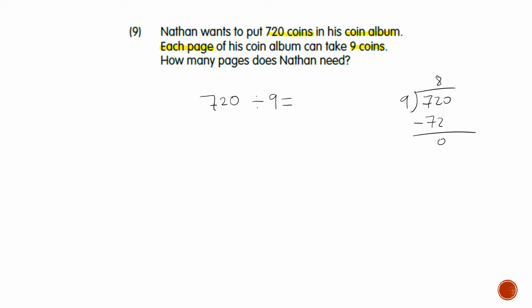And here you bring down the 0, and then just put a 0 on top, because 0 divided by any number, you get a 0. So you get 80 pages. And this is perfect because now every page is the same number. There's no remainder. So Nathan needs 80 pages in his album. Okay, let's move on.